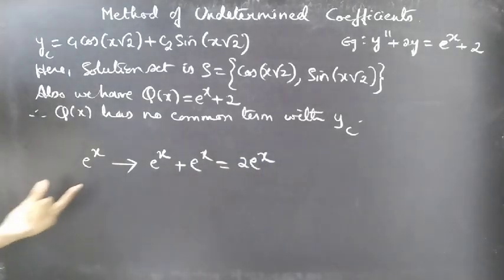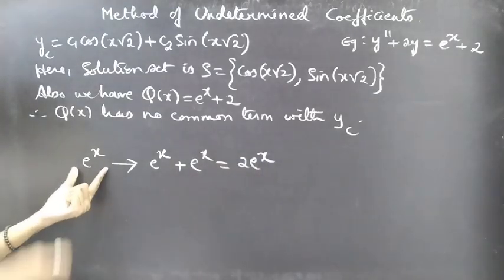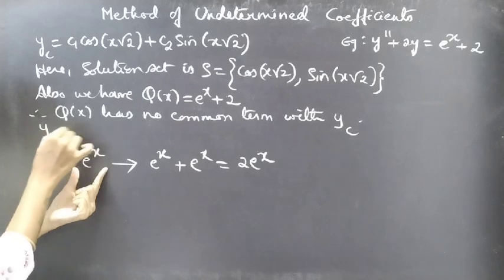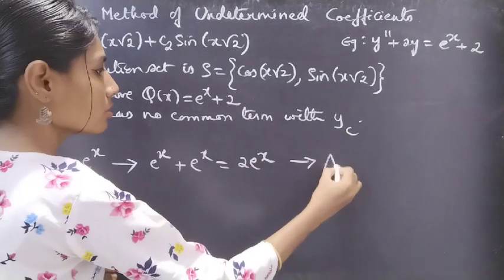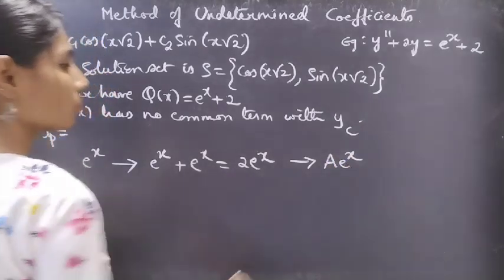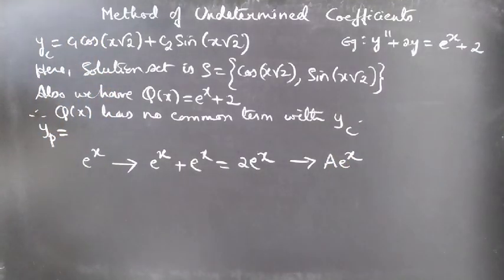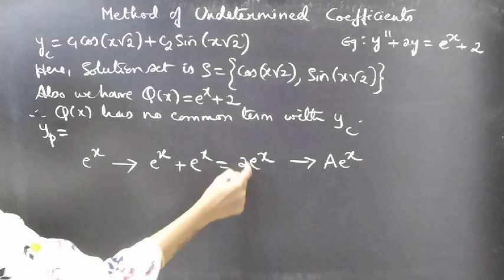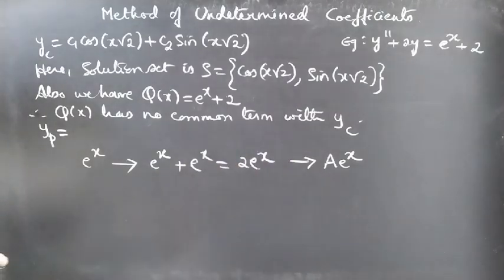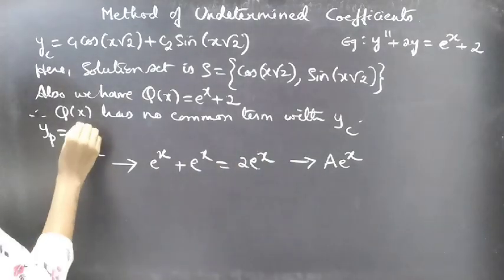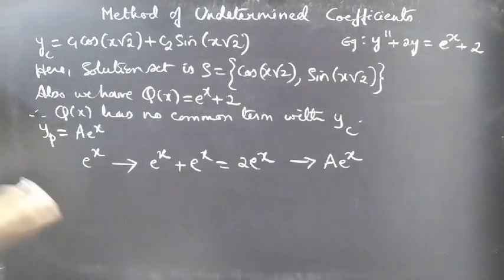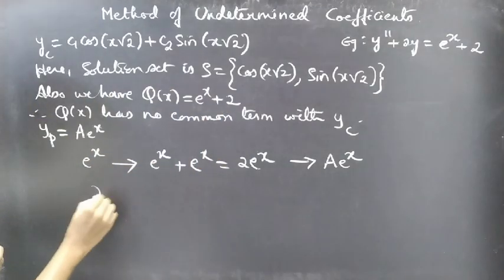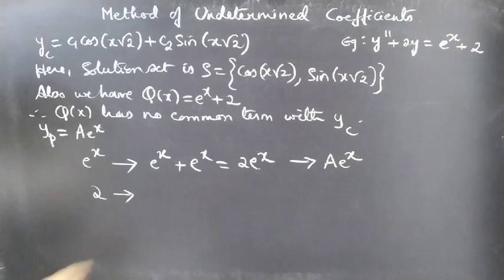So a term of yp from this e power x will be some constant into e power x, because you are getting again a constant into e power x, right? So you will pick a e power x. Again here you are having 2, which is a constant, right?